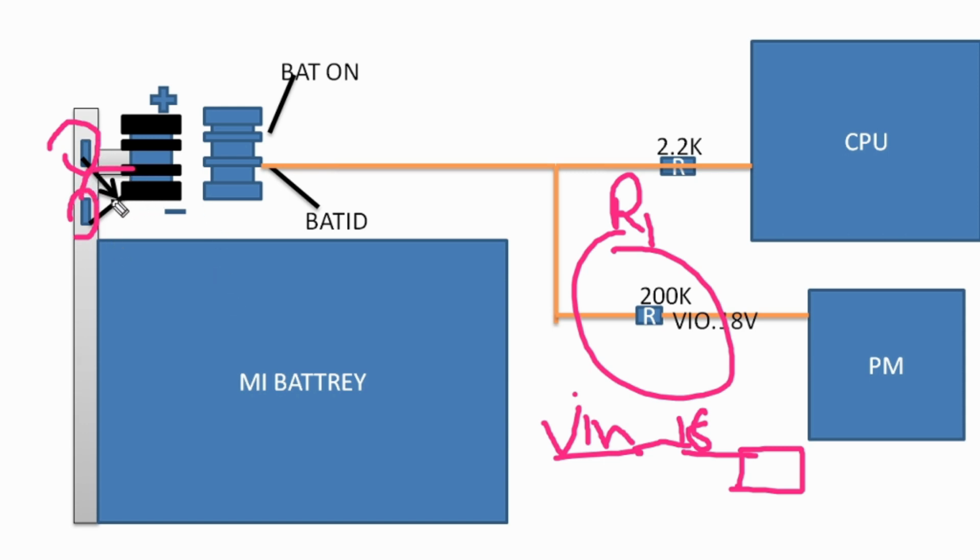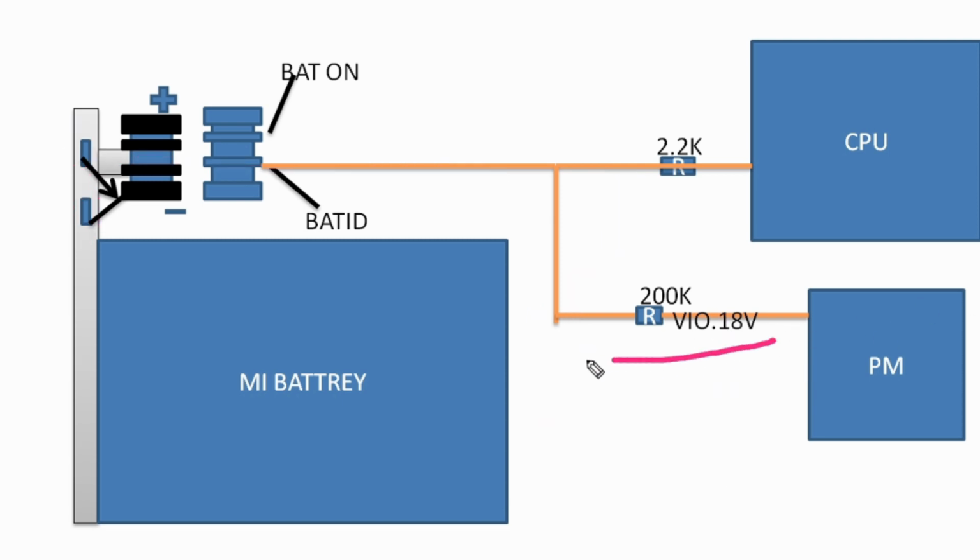Now when we connect the battery to the battery connector, this whole line becomes 1, right? So 1.8 volt crosses to the Batt ID line in the battery strip. So this resistance has one side attached to the ground, in series like this, with 1.8 volt.